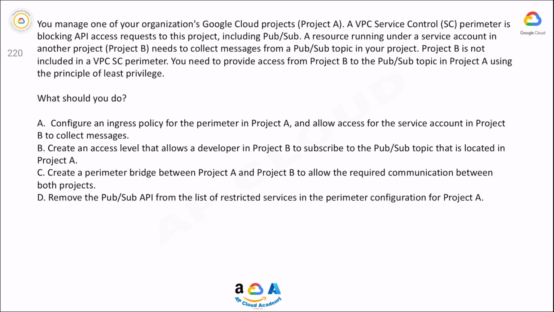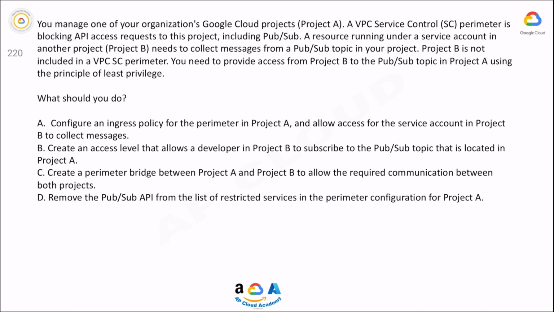A. Configure an ingress policy for the perimeter in Project A and allow access for the service account in Project B to collect messages. B. Create an access level that allows a developer in Project B to subscribe to the Pub/Sub topic that is located in Project A. C. Create a perimeter bridge between Project A and Project B to allow the required communication between both projects.